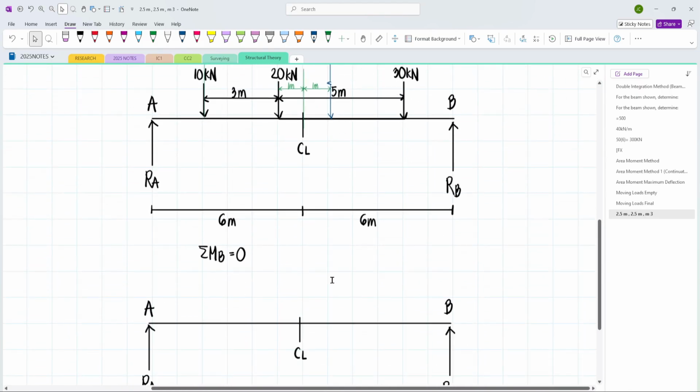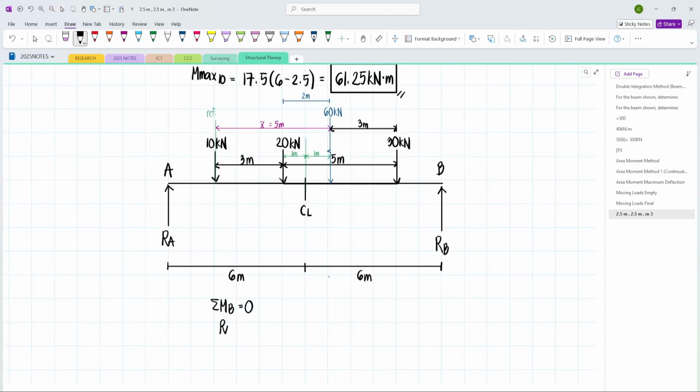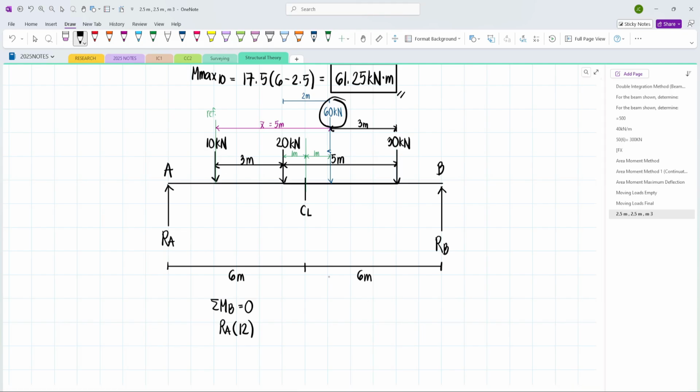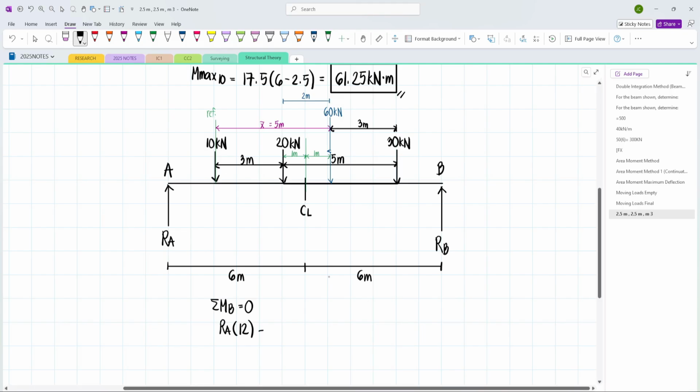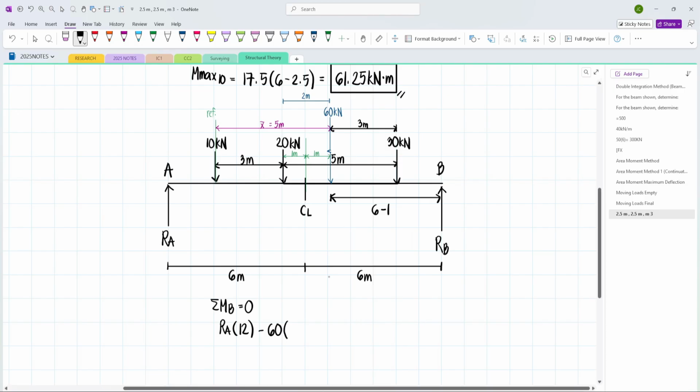Ayan. Again, summation of moments about point B, we have RA multiplied by a distance of 12 meters. Then, let's just use the resultant since pasok naman lahat ng loads. Minus 60. Then, our moment arm going to point B, this one. Ano yan? 6 minus 1 meter. Ayan.